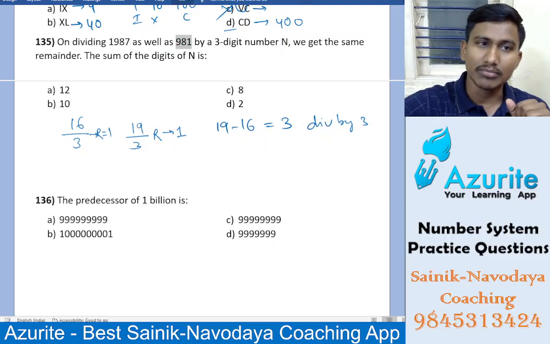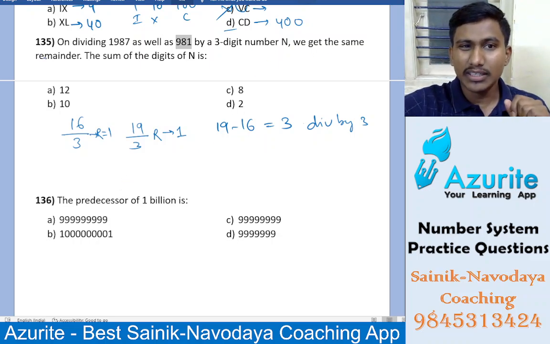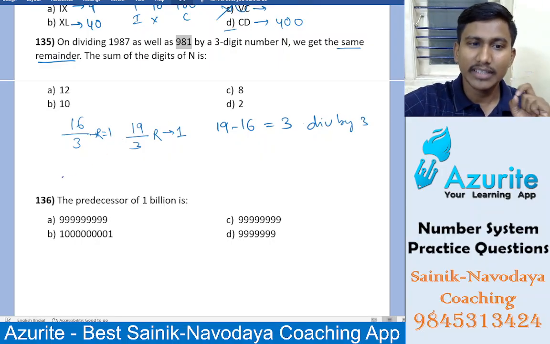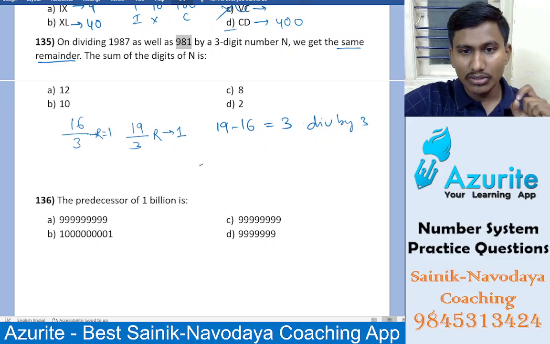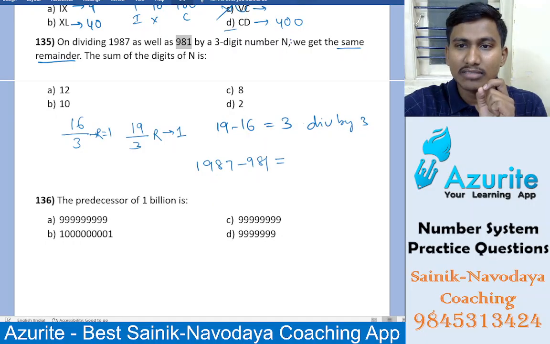There are two different numbers, and the remainder is the same, they are telling. So if you subtract 1981 from 1987, the result will be divisible by this number n.